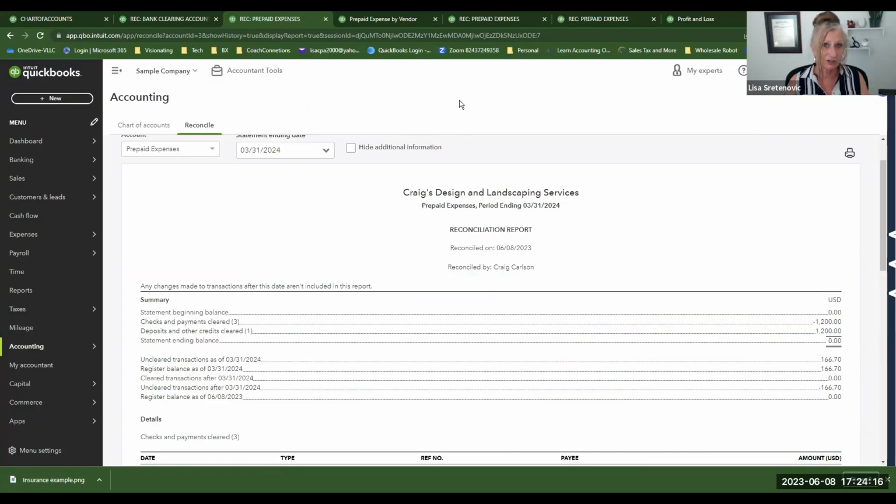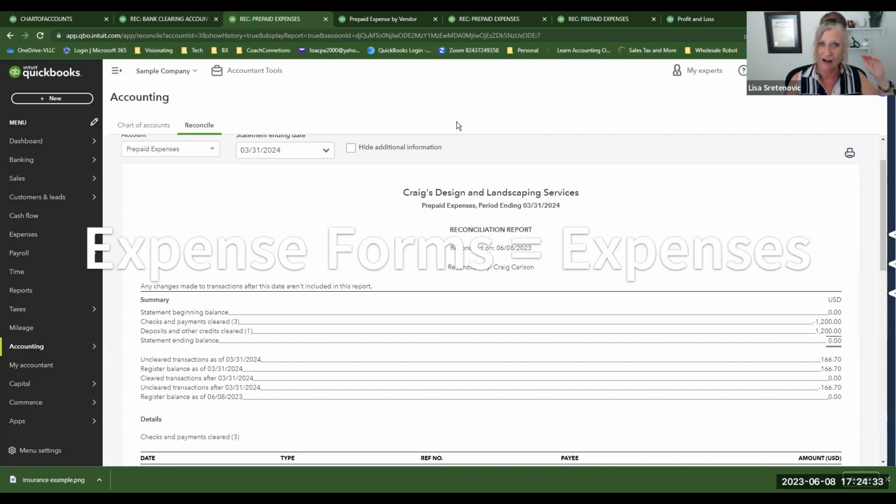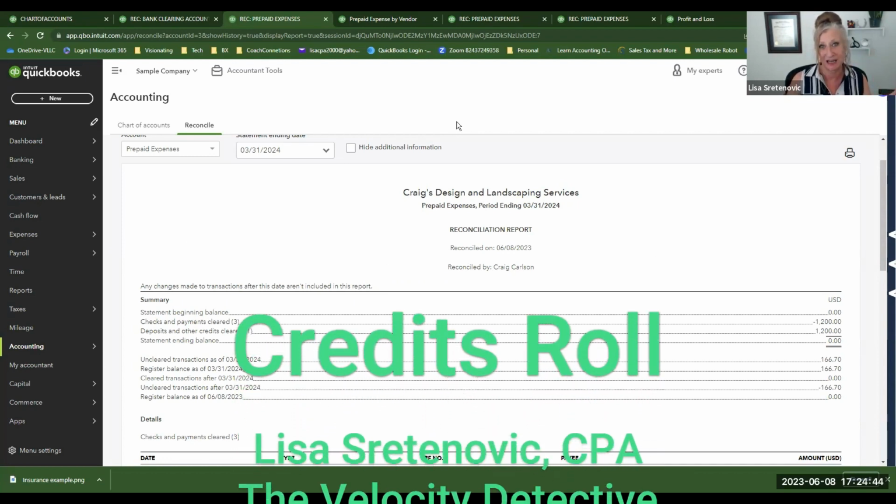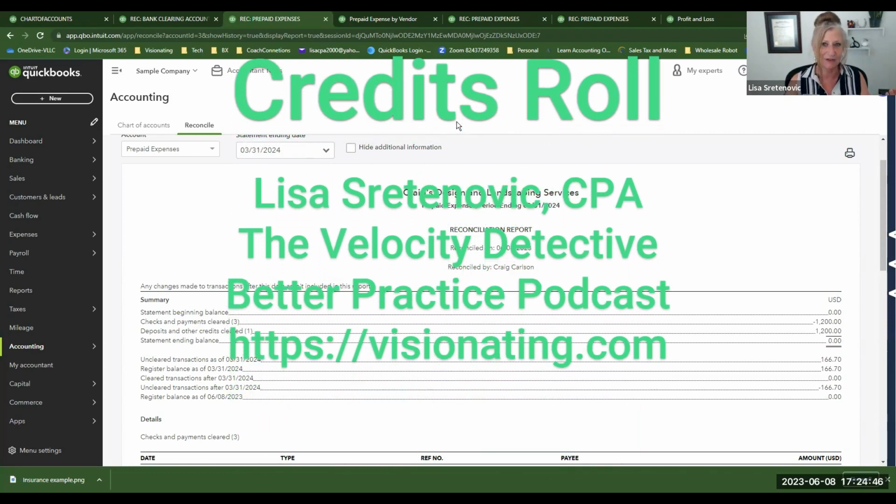Instead of using journal entries for things like prepaid expenses, accrued expenses, customer deposits, utilize $0 expense forms or $0 sales receipts. Remember that the expense forms are for money going out and sales receipts are for money coming in and revenue. Things like the customer deposit would be the sales receipt. Things like prepaid expenses would be the expense form.